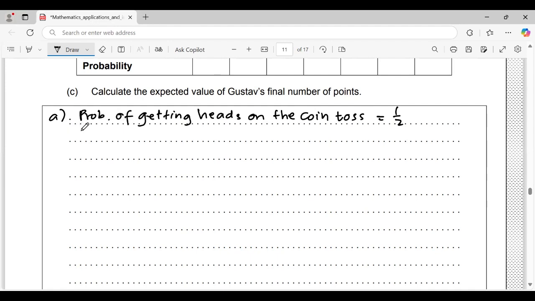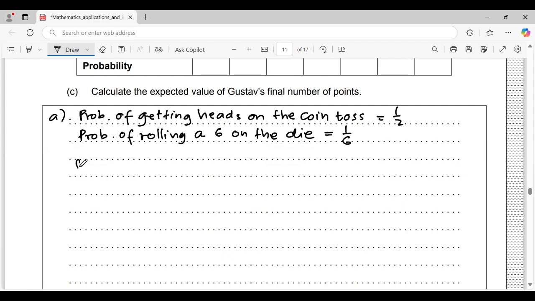Next, the probability of rolling a six on the die is 1 over 6.